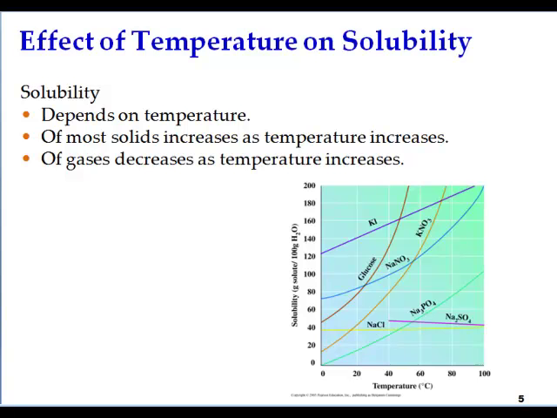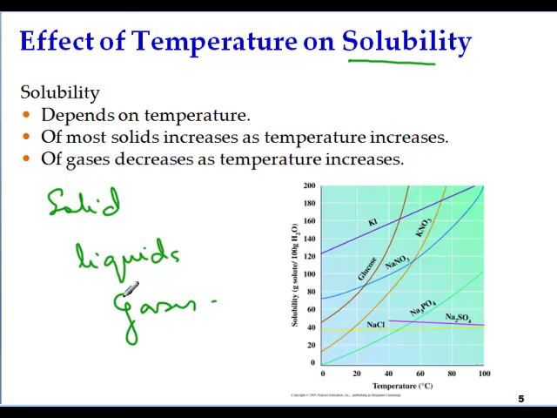Okay, keeping in mind solubility, it's really interesting to see how solubility affects solids, liquids, and gases. I want you to think about it while I'm doing this little graphing over here and show you that for solids and liquids, here's a solid, and here's another solid, here's another solid, and here's another solid.